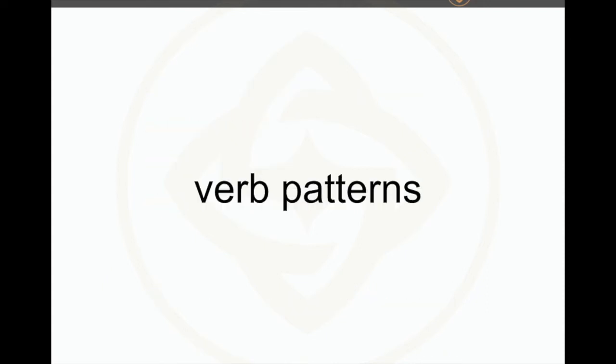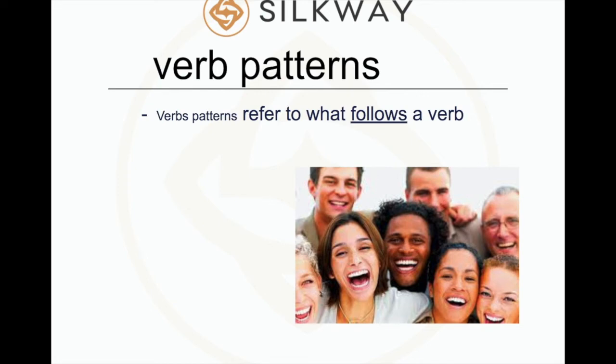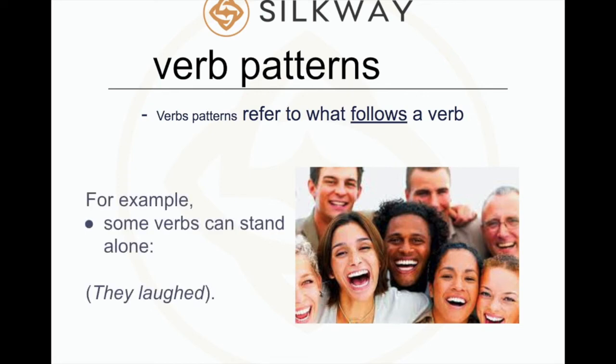Now let's switch to a little grammar. In this lesson, we are going to do verb patterns. Verb patterns refer to what follows a verb. For example, some verbs can stand alone: they laughed.